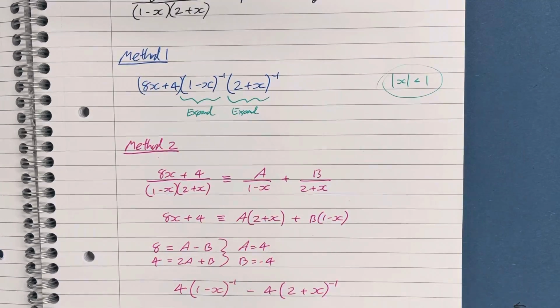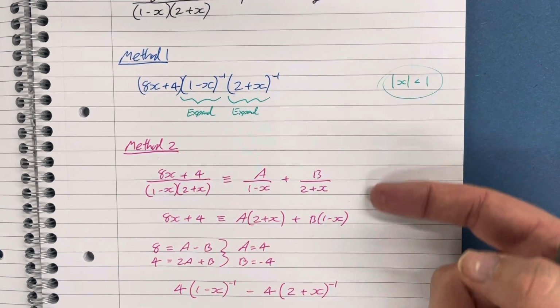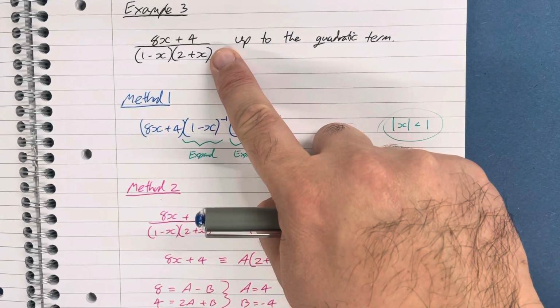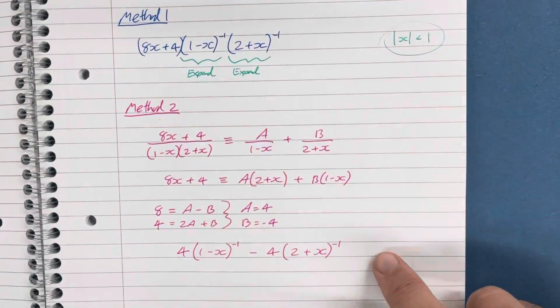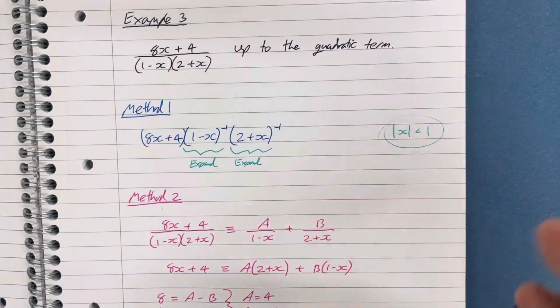They both are good, both have potential pinch points. But if a question does lead you through one of the methods, then I suggest you just follow what the question says. For example, a scaffolded question might have this as part A, and then expand that as part B, in which case it makes sense to continue with this, rather than go back and do this, although you would still get full credit if you did do that.